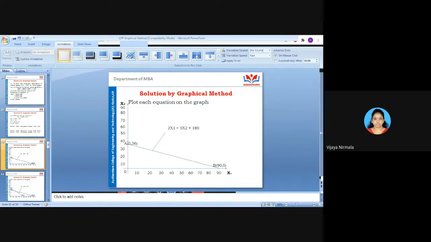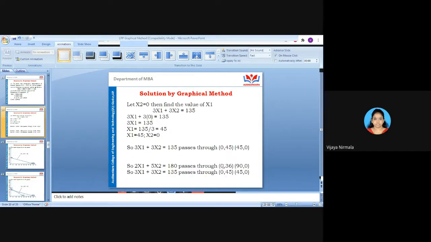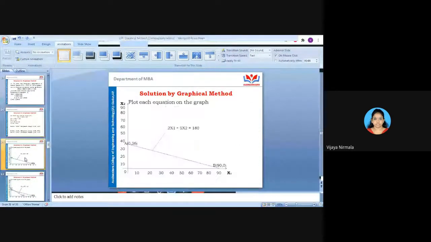So the point that you have to frame is 0, 36. Let it be point A. Did you understand how to plot that value in the graph? Here 0 is x1, 36 is x2, right? So 0, 36 is plotted here.